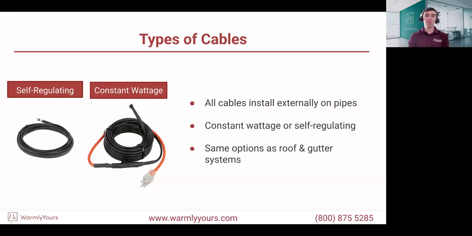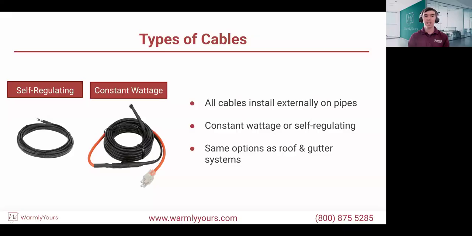What's good to know here, as a bonus answer, is that the self-regulating cable, the product itself, is actually the same product that you would use in a roof and gutter de-icing application and a pipe tracing application. The main difference, or simply add-ons, is that in the pipe tracing application, we also provide two additional higher wattage variations of the cable.